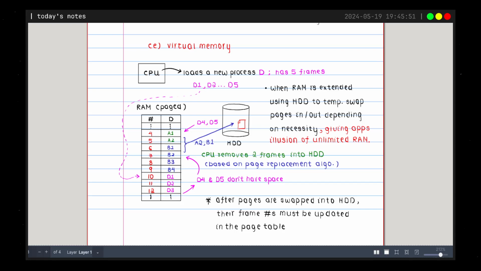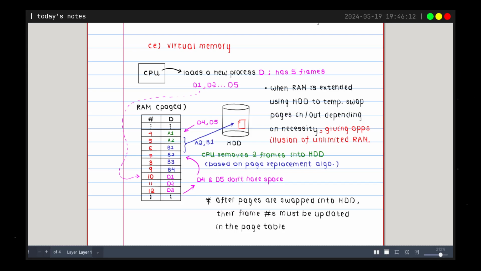Again, it might not always be done in terms of least frequently used priority. The way that these pages are replaced depends on the page replacement algorithm, which we'll look at next. So this is virtual memory, a way of extending the RAM using the hard disk drive to give apps the illusion of having unlimited RAM.